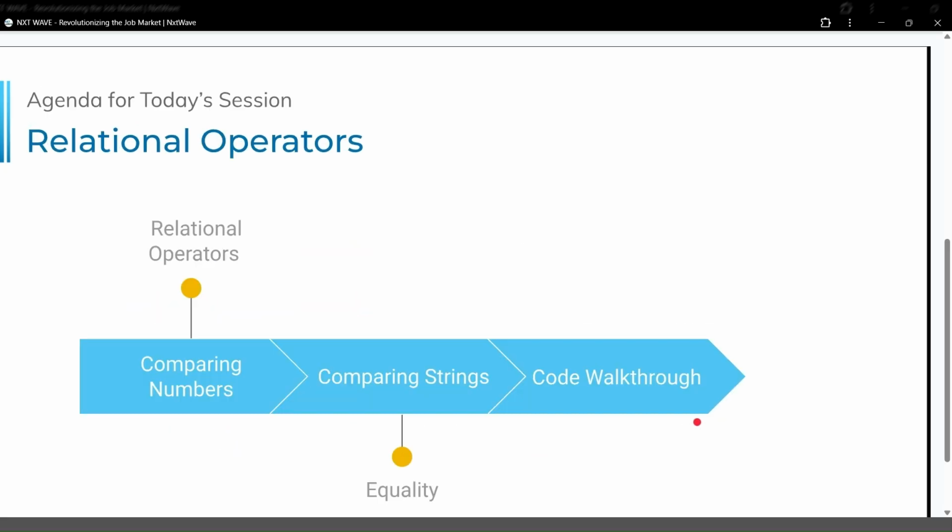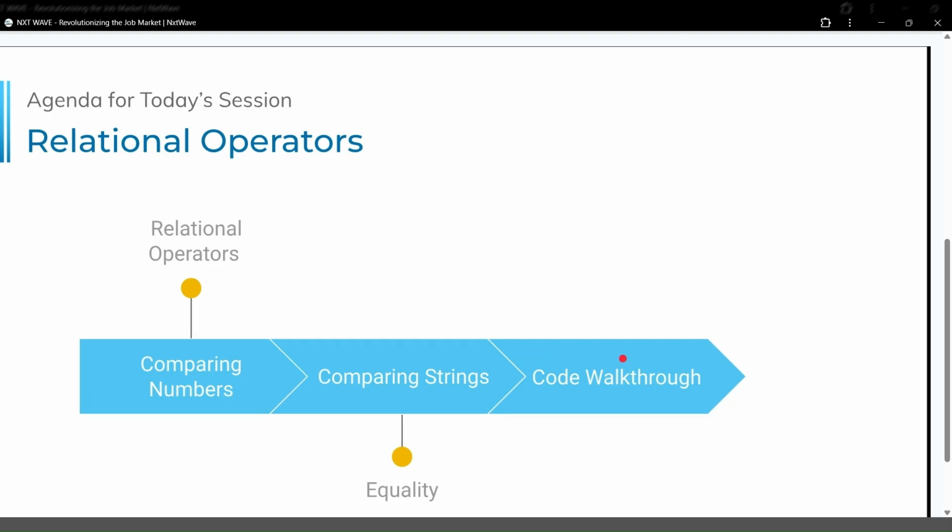Next, today's agenda in the class is relational operators. Here we see comparing numbers using relational operators, and comparing strings with equality, and a code walkthrough.